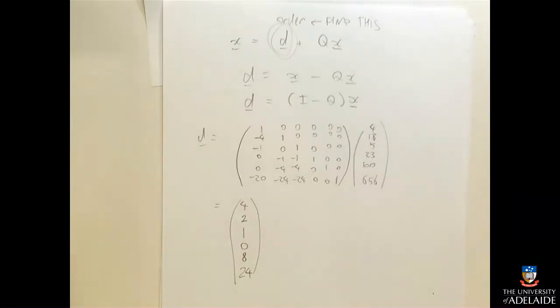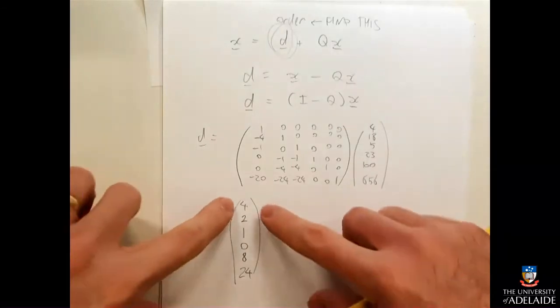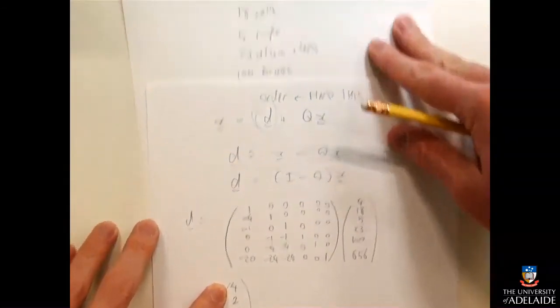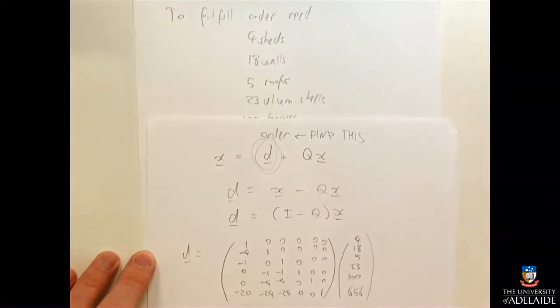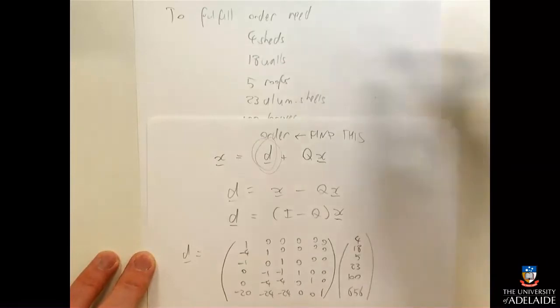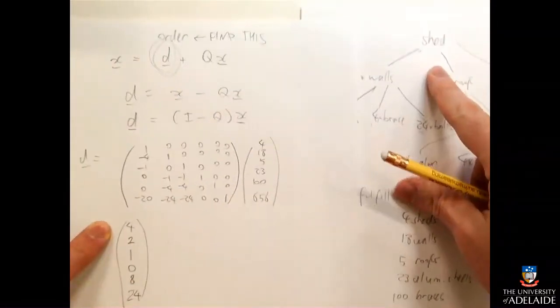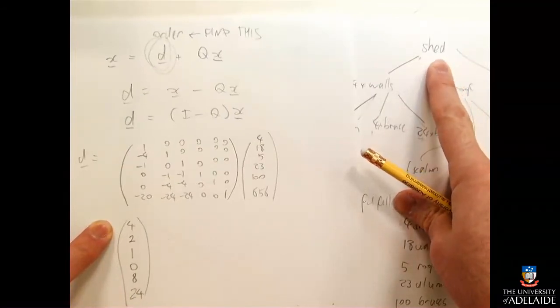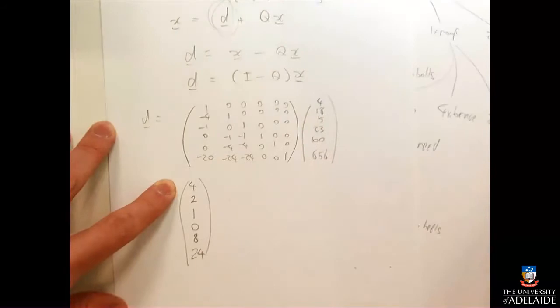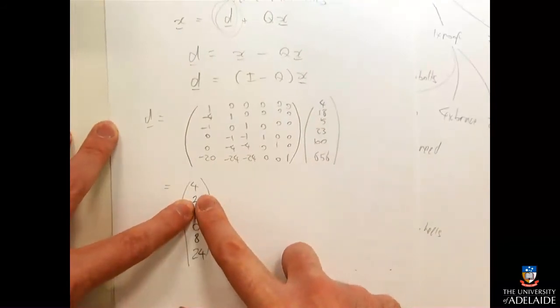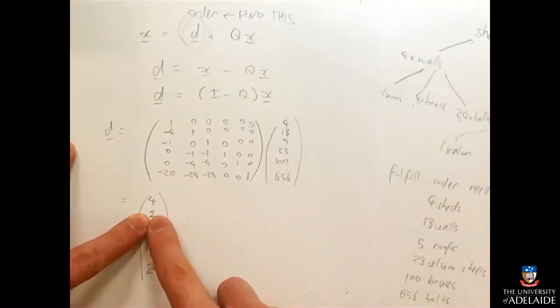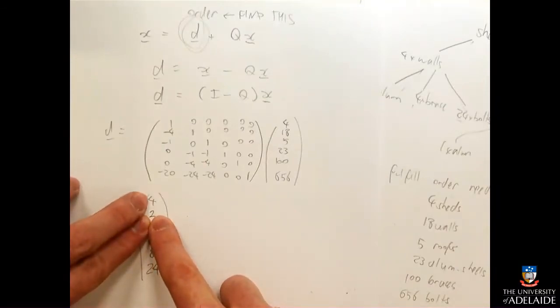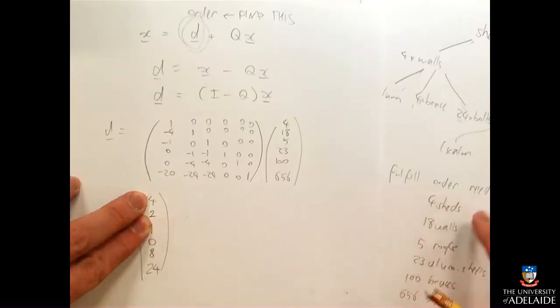Now, I want to see if I can make sense of this. 4 sheds matches the 4 sheds they asked for, because that's right at the top of my little, I want to say like food chain, but not quite right. Okay, they want 2 walls, but in those 4 sheds, there's 16 walls already, and so total 18 walls have to be made.